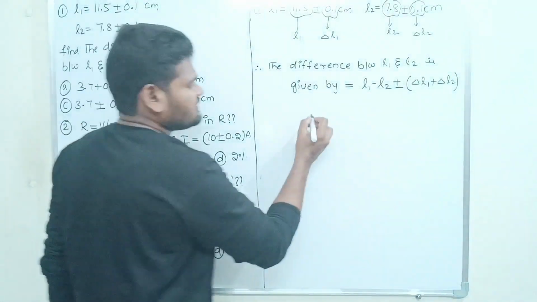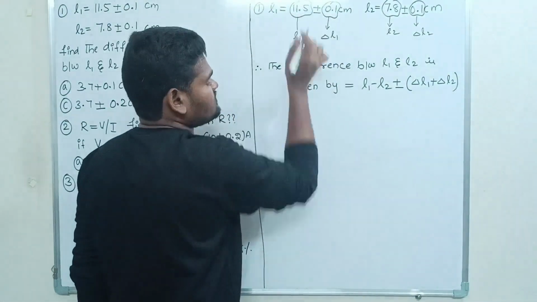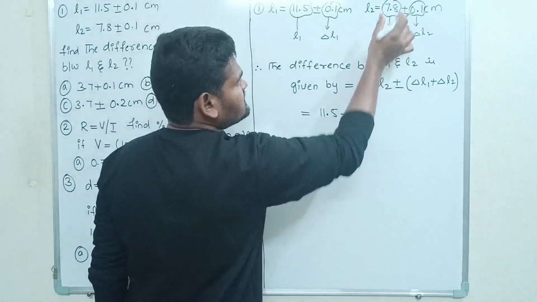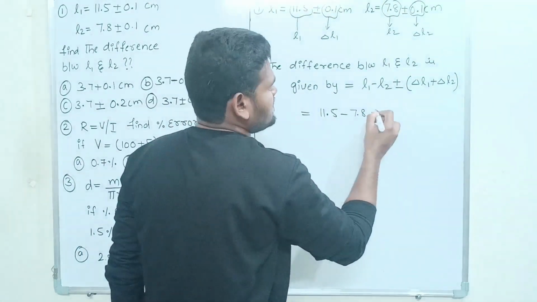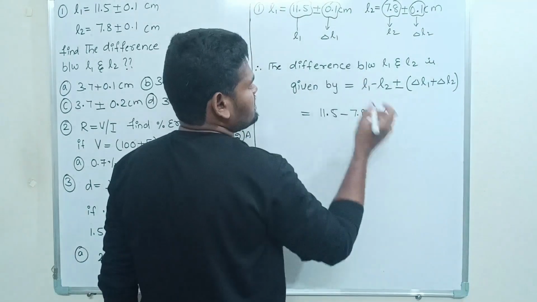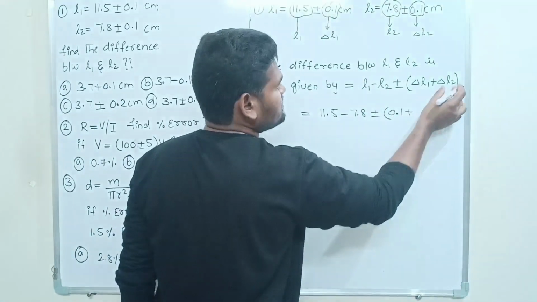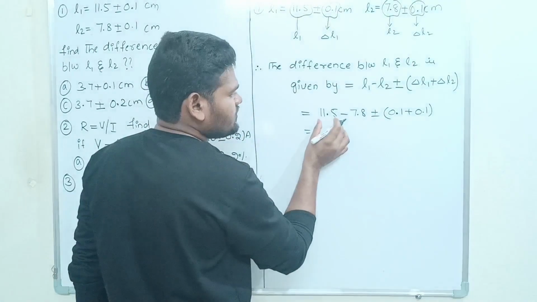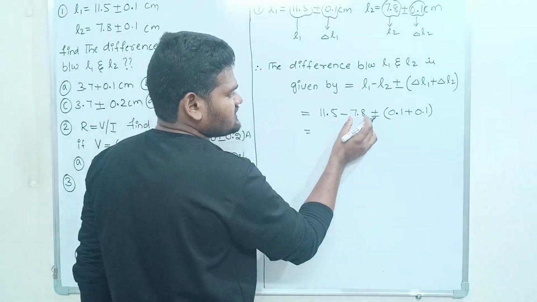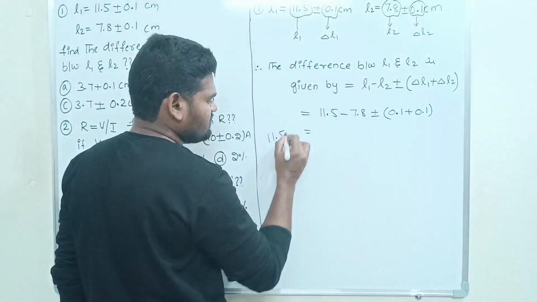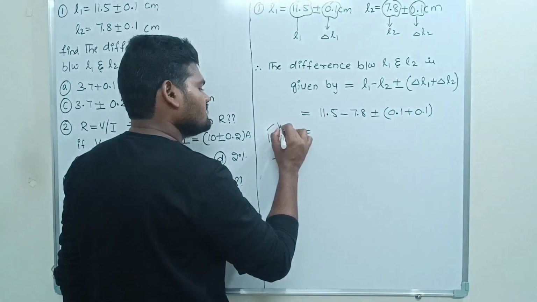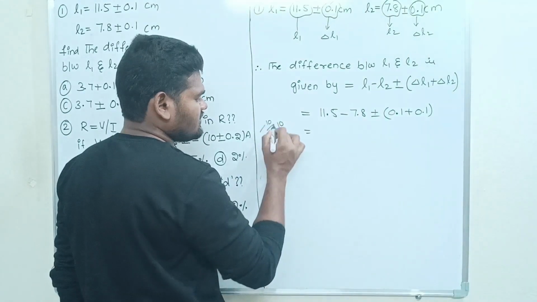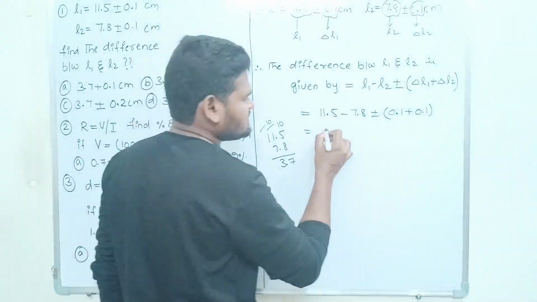What is L1? 11.5 minus L2, 7.8, plus or minus delta L1, 0.1, plus delta L2, 0.1. So 11.5 minus 7.8 is 3.7.